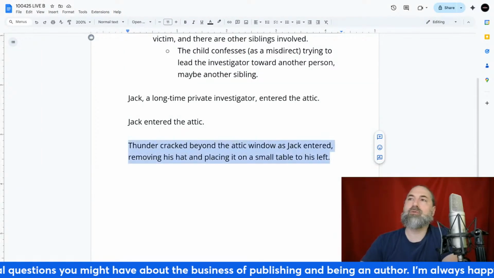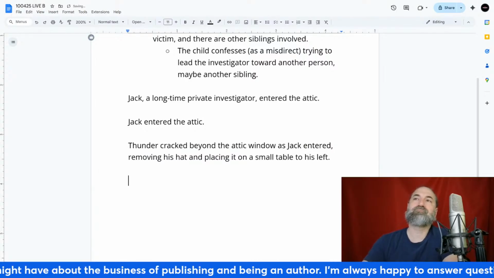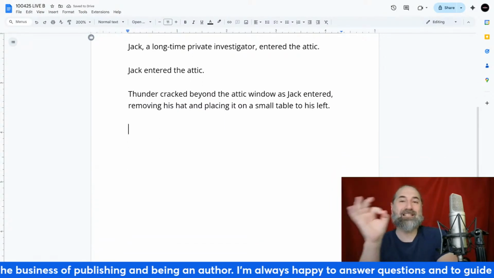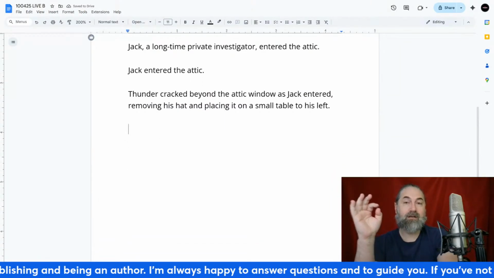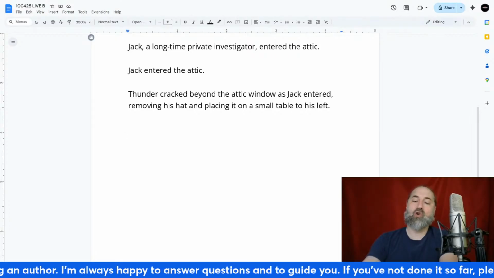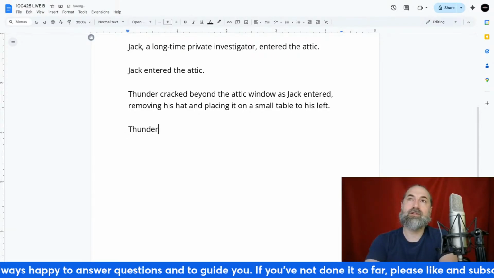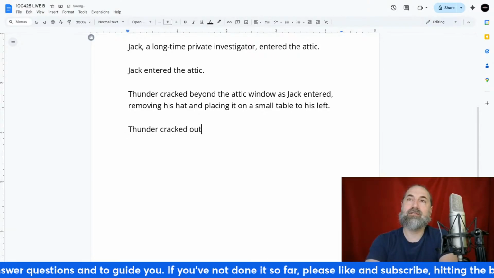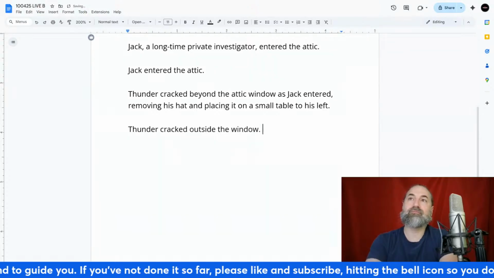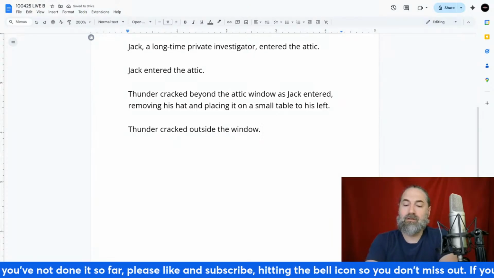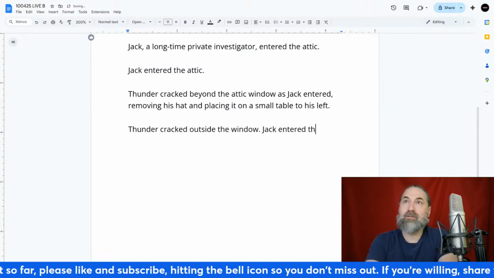All right. So, with that said, let's do a fast pace, okay? But we're going to try to create a slow read. Thunder cracked outside the window. Jack entered the attic.